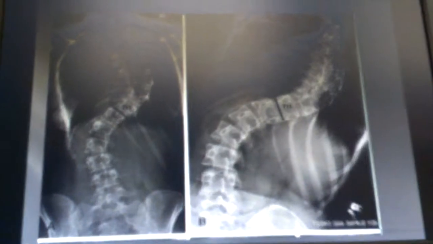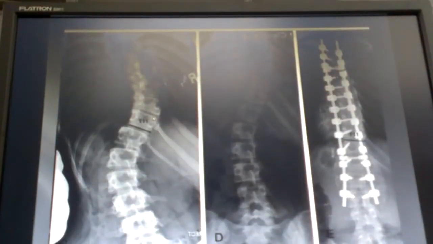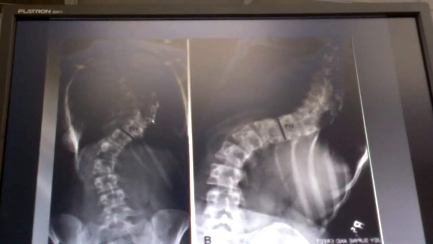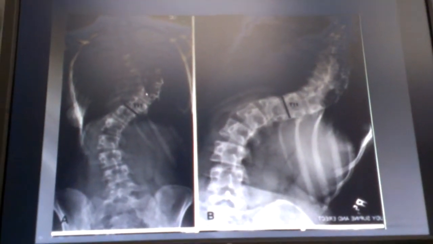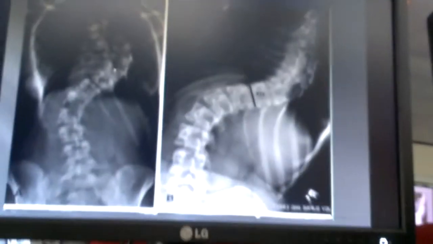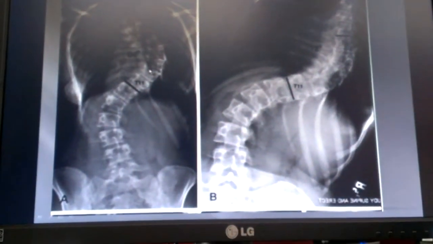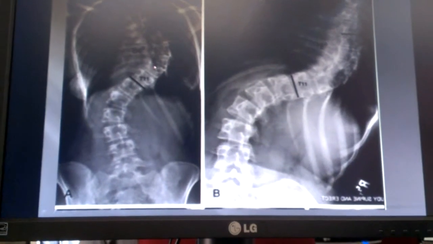Okay, so let's use this one as an example. To determine that 84 degrees, what line of mensuration would they have used? It's called the Cobb, C-O-B-B. That's the gold standard.